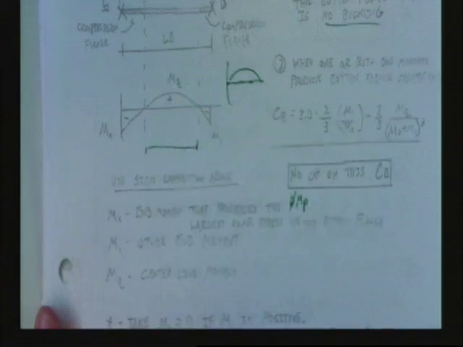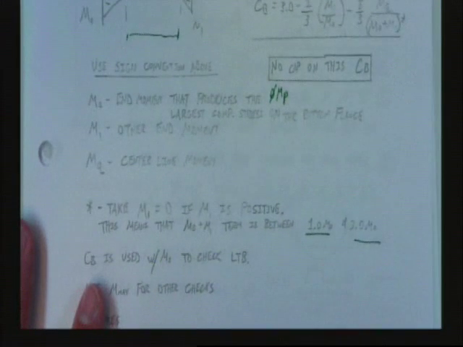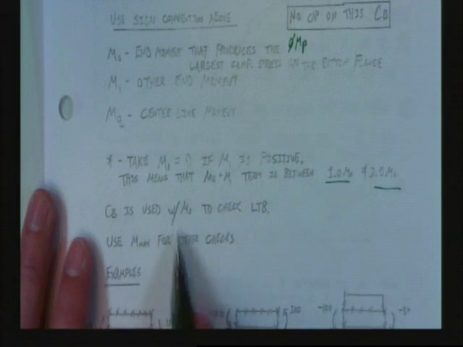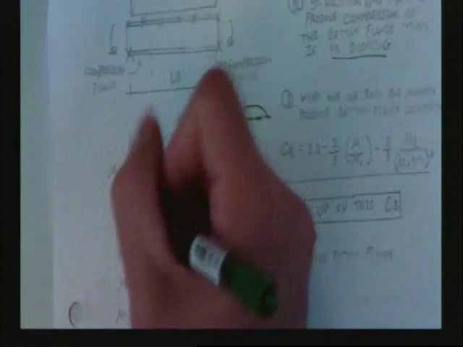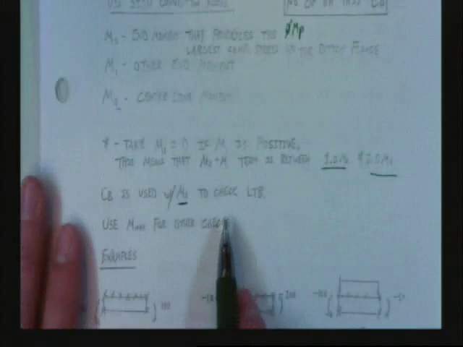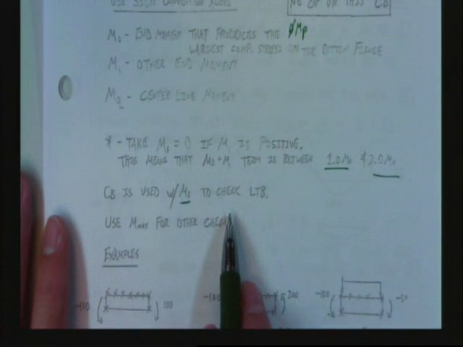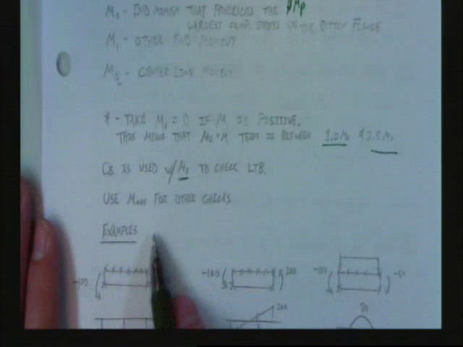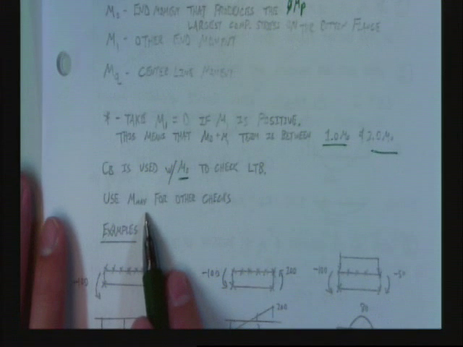If it's lower, it'll be somewhere between 1 M naught and 2 M naught. C sub b is used with M naught to check lateral torsional buckling. And you use M max, whatever that is, for all your other checks that you have to do. Does that make sense?